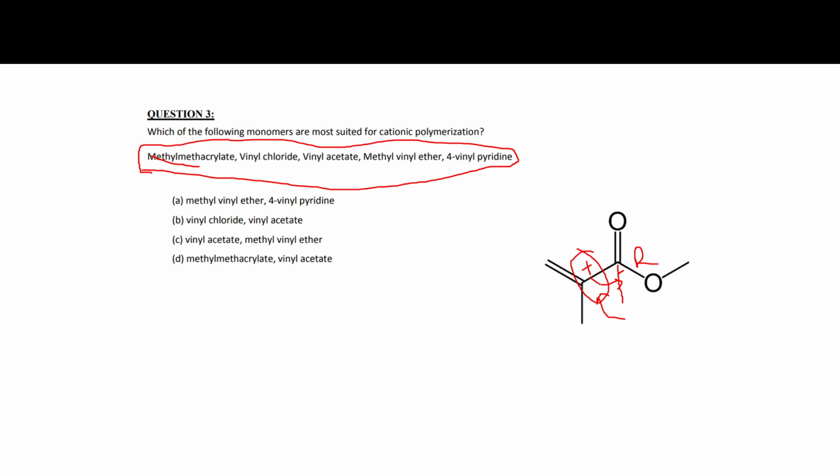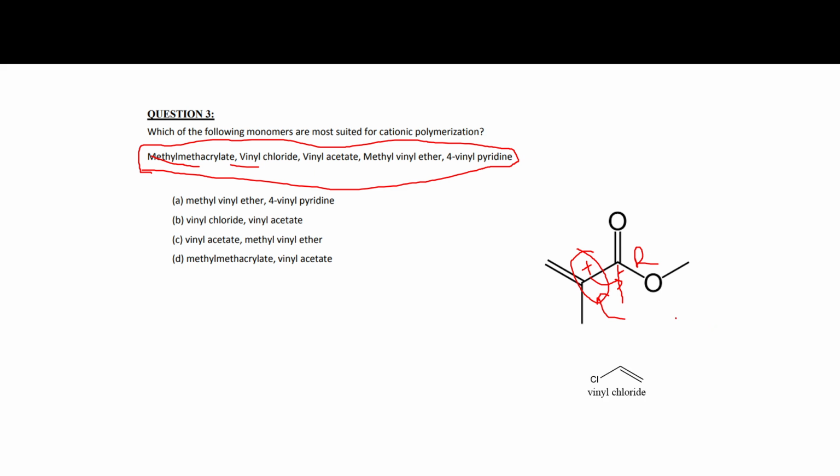When there is a loss of electron, you need to stabilize this carbocation by giving some electron cloud to it. If you take electron cloud away from there, it will not be stabilized at all. So we have to know the monomer structure, and find out whether it can stabilize this carbocation or not.